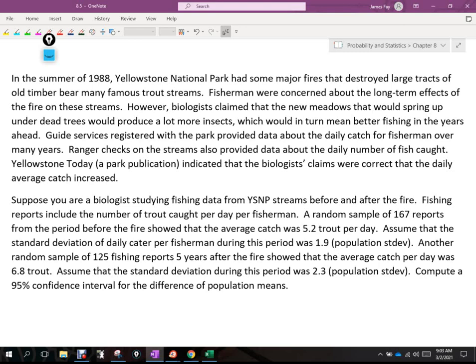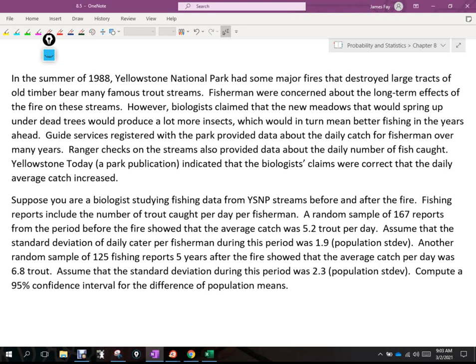However, biologists claim that the new meadows that would spring up under the dead trees would produce a lot more insects, which would in turn mean better fishing in the years ahead. So Guide Services registered with the park provided data about the daily catch for the fishermen over many years. Ranger checks on the stream also provided data about the daily number of fish caught. Yellowstone Today, which is a park publication, indicated the biologist's claims were correct, that the daily average catch increased.